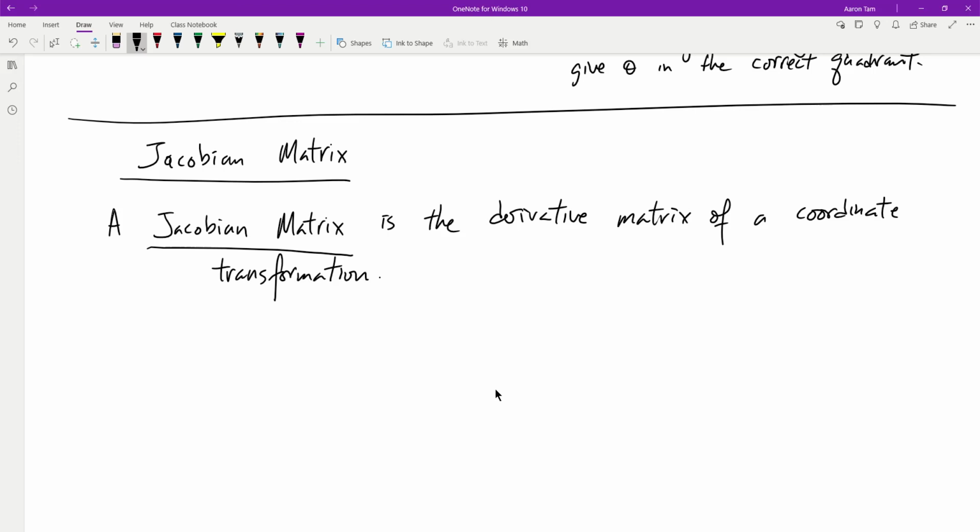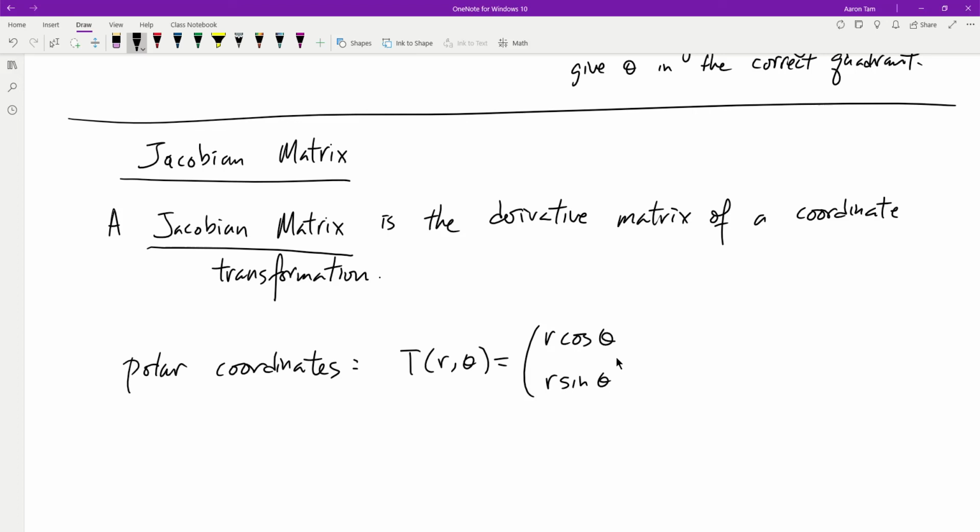So, as the last thing, hopefully today's video will be relatively short, I want to talk about the Jacobian matrix of the three coordinate systems that we have. Start with the polar coordinate system. We know the polar coordinates are T of r theta equals r cosine theta, r sine theta.